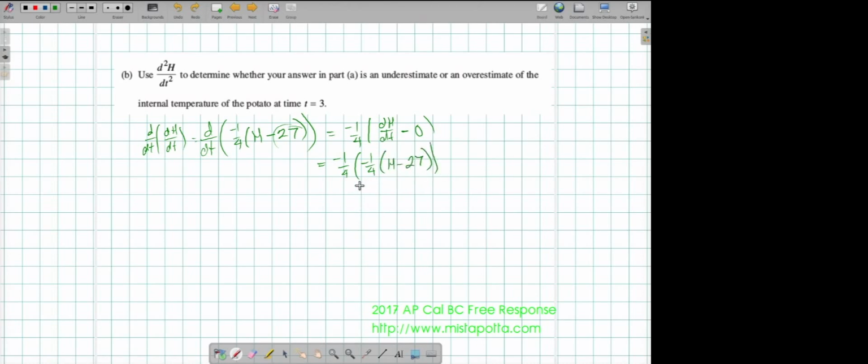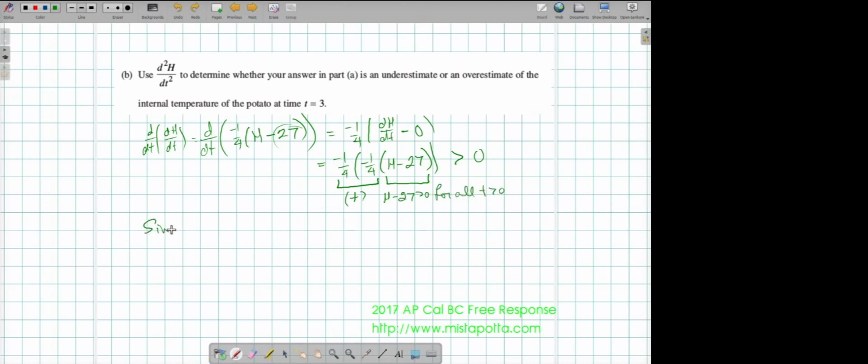Now, I look at this, and I notice that this is always going to be greater than 0 for two reasons. One, this negative times a negative is going to give me a positive. And for two, I know that h is greater than 27, so h minus 27 is greater than 0 for all t greater than 0.